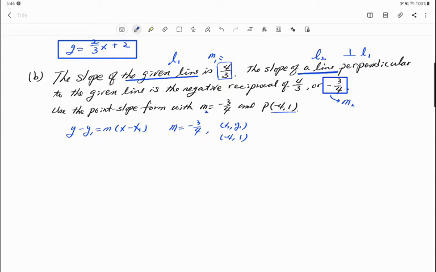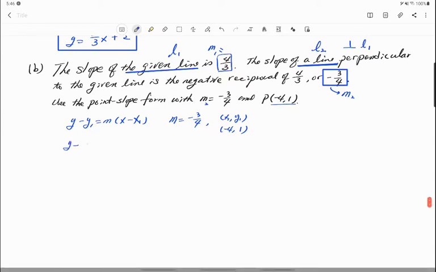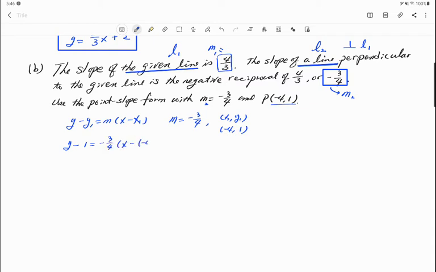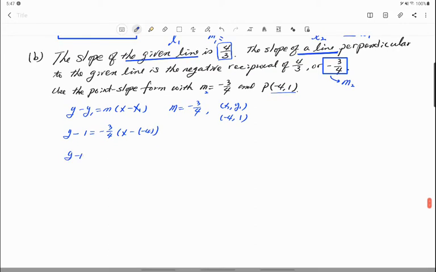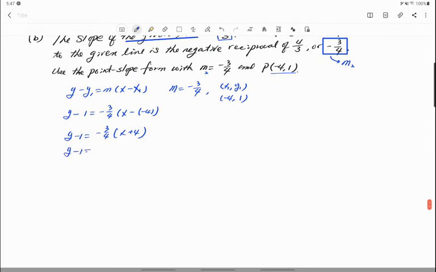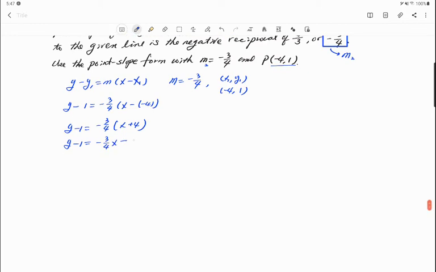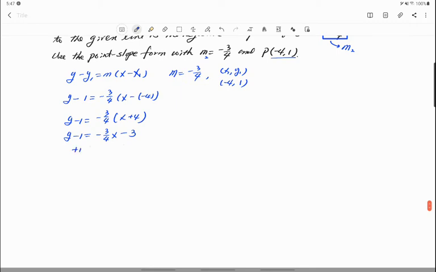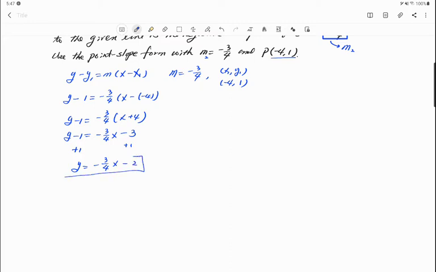So let's plug in these numbers. y minus 1 equals negative 3/4 times x minus negative 4. Then simplify: x plus 4, so y minus 1 equals negative 3 over 4x, and the negative 4 cancels out, becoming negative 3. So plus 1 each side, then y equals negative 3/4 x minus 2. So this is the equation.